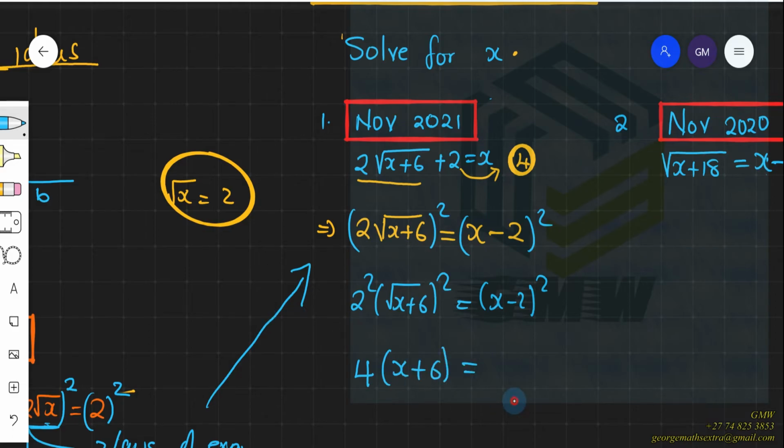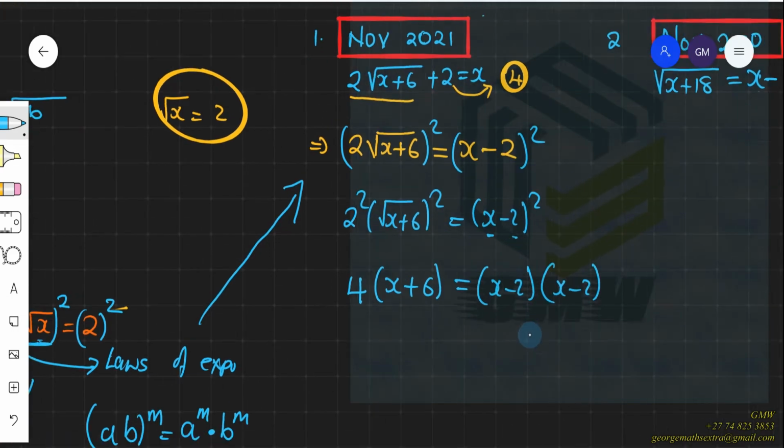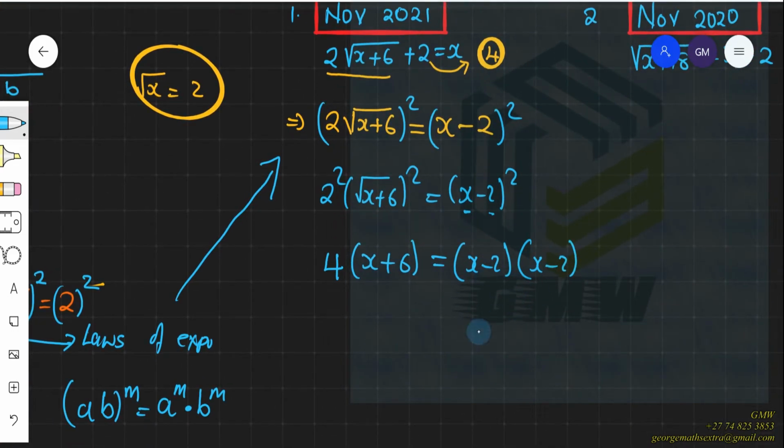Now, the common mistake when people are dealing with questions like this, when you are squaring here, this is a binomial expansion. You need to remember it's x minus 2 times x minus 2. I have seen people end up squaring only x and squaring only the 2. That is very wrong. This power of 2 means the bracket is multiplying itself twice. That's a binomial.